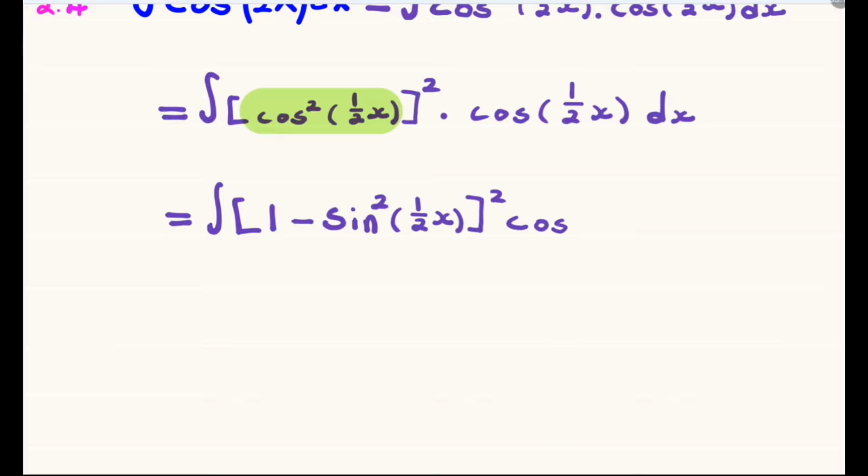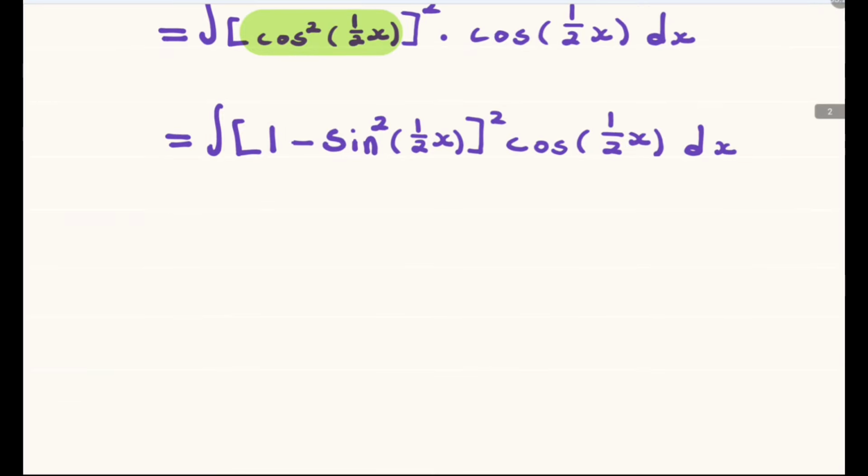We multiply by the cos of half multiplied by x dx. We are going to use the u sub method, and we let u equal the sine of half x.